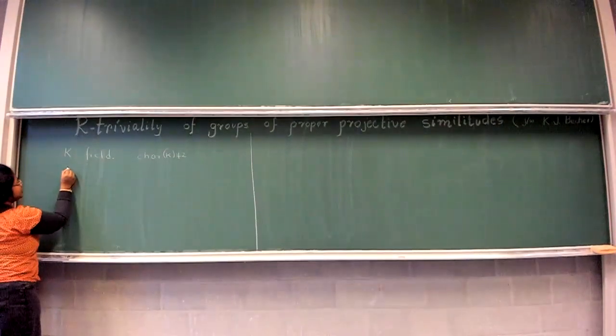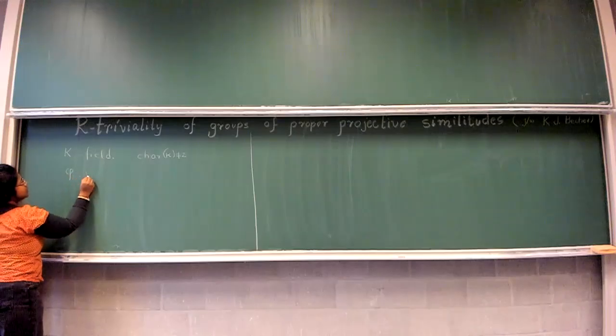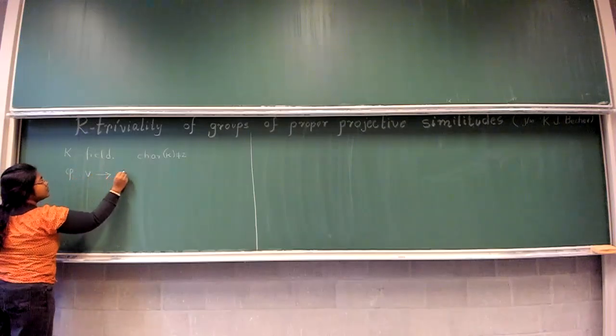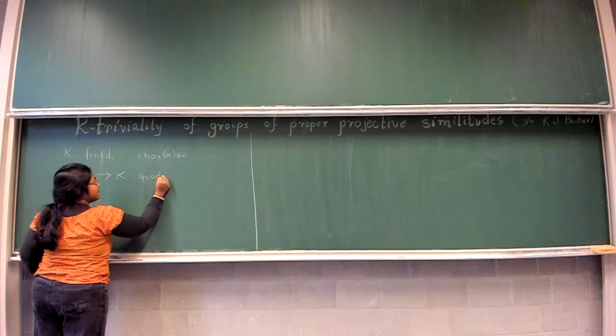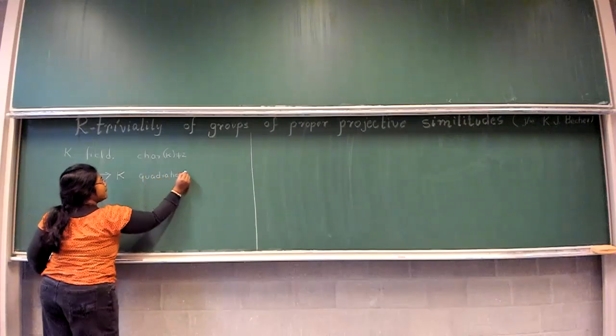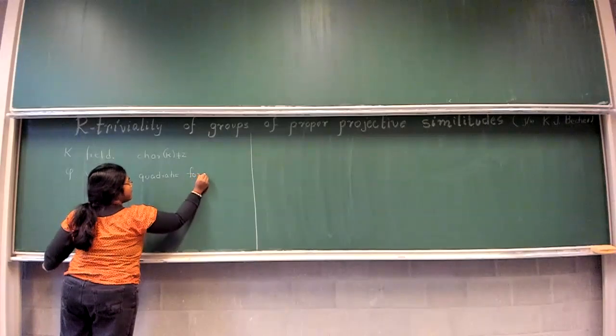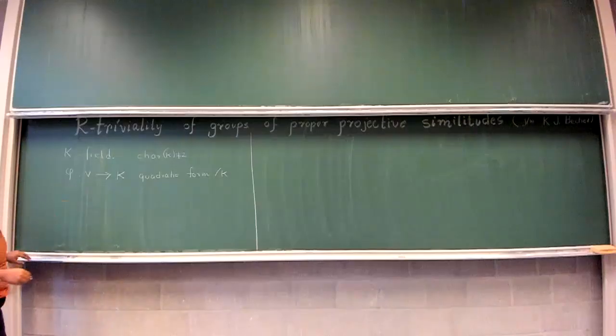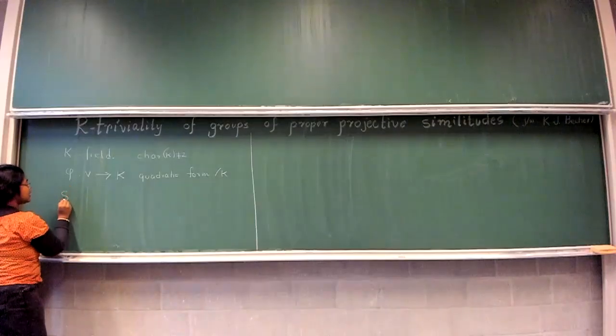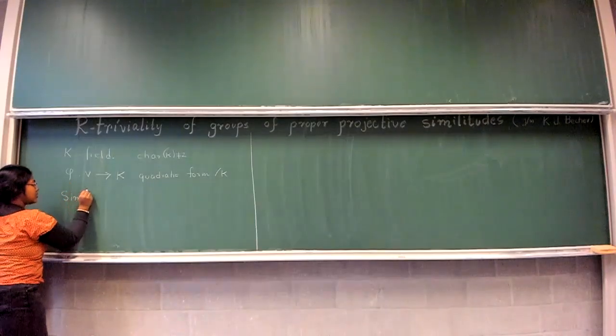And we will basically work with our quadratic forms. We use the underlying vector space, and first let's see what is needed.